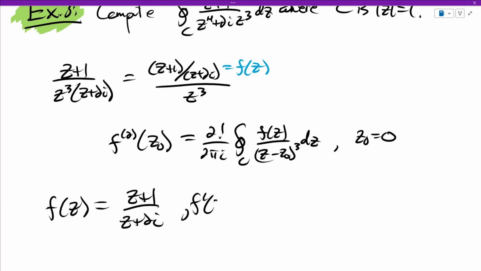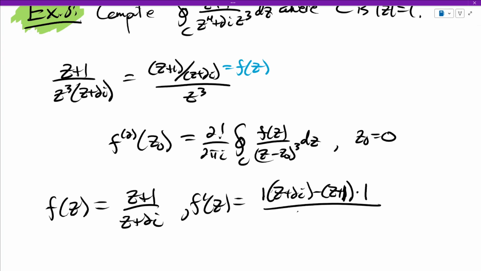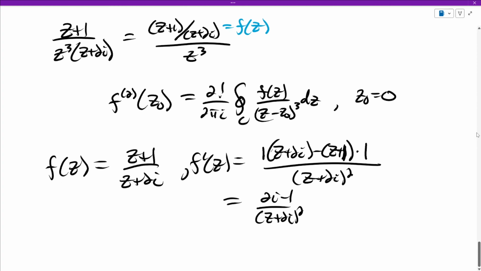That tells us then that f prime of z is going to be 1 times (z plus 2i) minus (z plus 1), times 1 over (z plus 2i) squared. So the z's cancel and we get 2i minus 1 over (z plus 2i) squared, I believe. Yeah, I think that's correct.